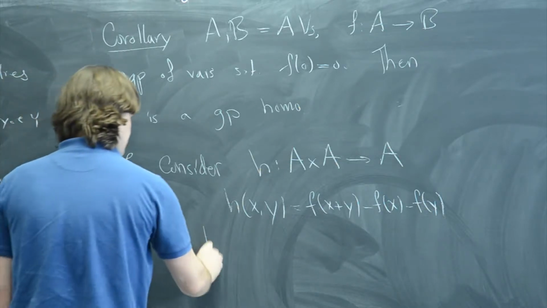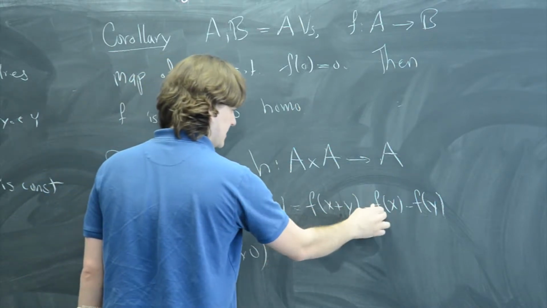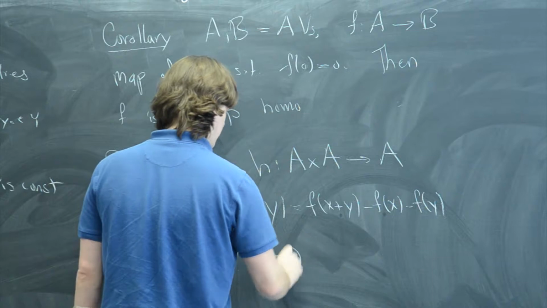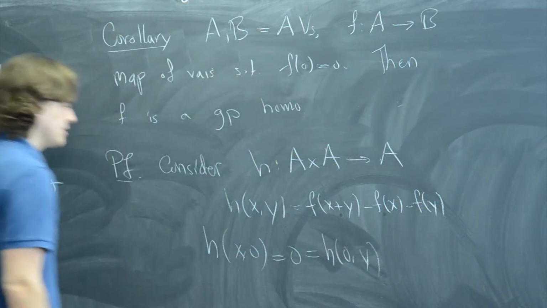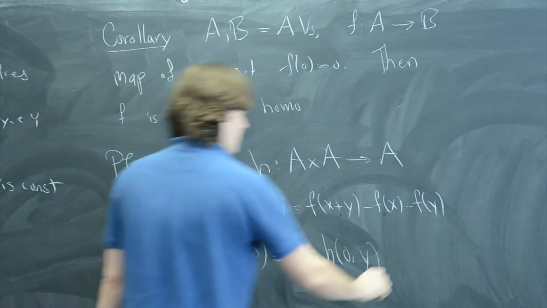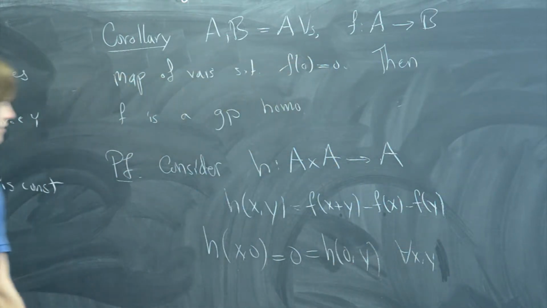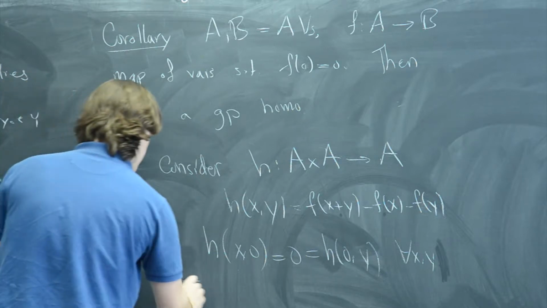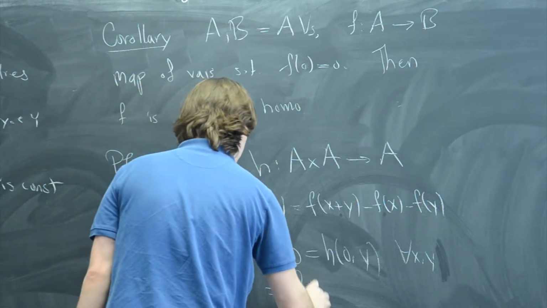So then H of x, 0 is f of x minus f of x minus f of 0, so that's 0. And similarly for H of 0, y, for all x and y. So this rigidity lemma then implies that H is constant. And since it takes the value 0, it's equal to 0 everywhere. And that exactly implies that f is a homomorphism.